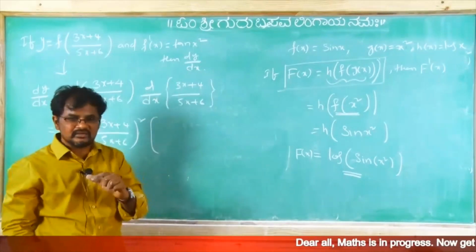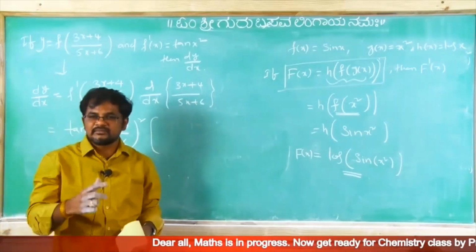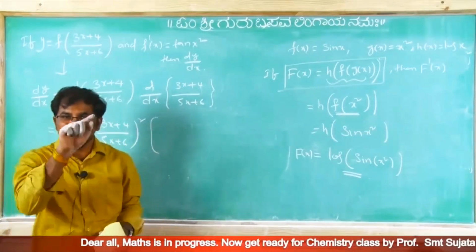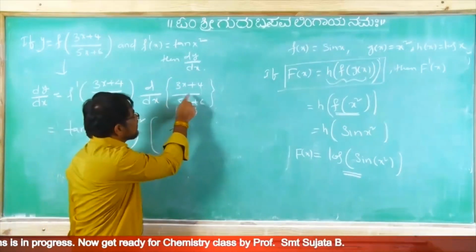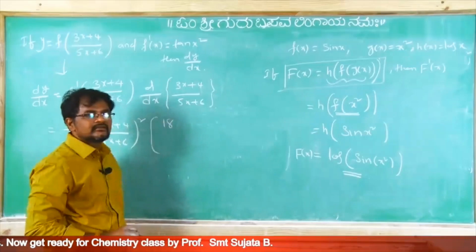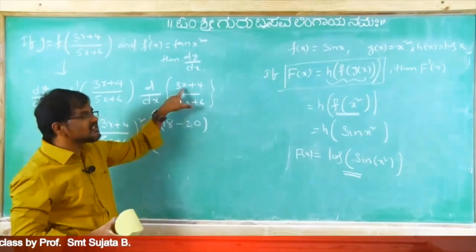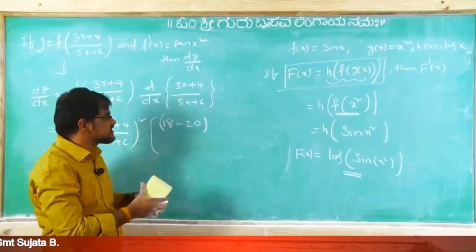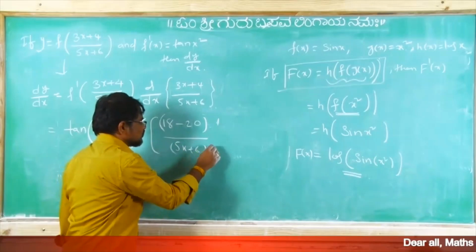Suppose in a board exam, in theory exams, they ask, then u by v, the quotient rule, we have to apply. Suppose in an entrance exam they have given, what we have to do? AD minus BC, one function they have given now. AD means 3 into 6, 18, minus BC, 4 into 5, minus 20. Here our function is x. Differentiation of x is 1, by the denominator 5x plus 6 whole square.